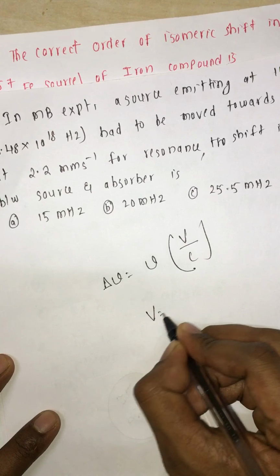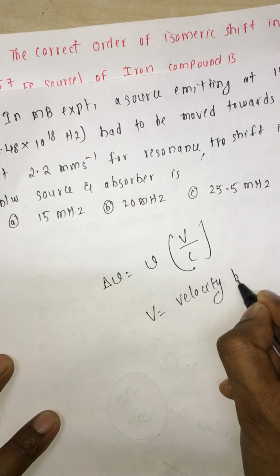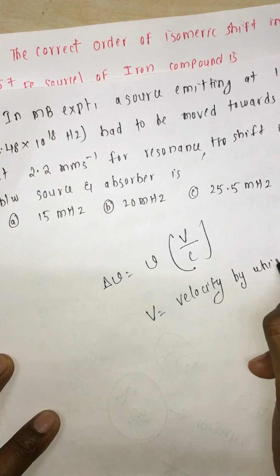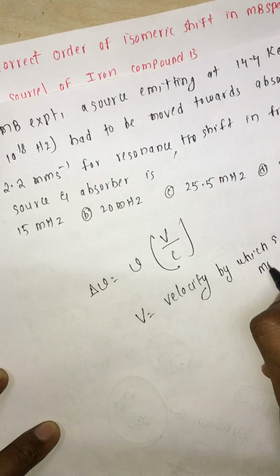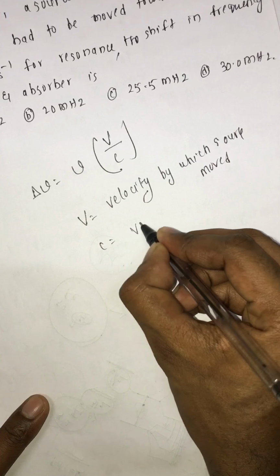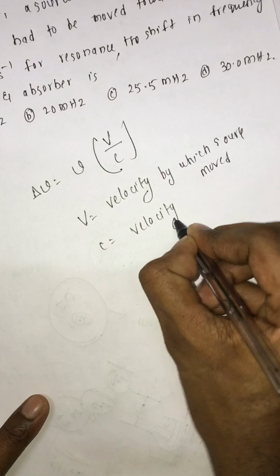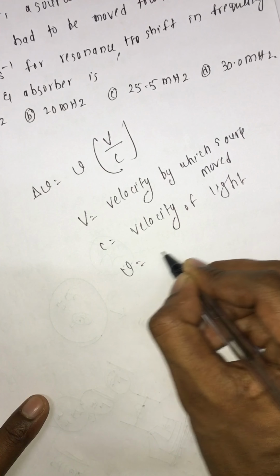Here v is the velocity by which the source is moved, c is the velocity of light, and nu is the frequency.